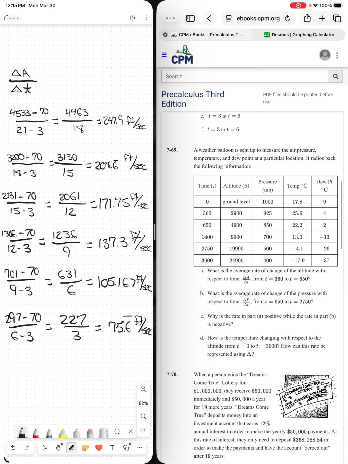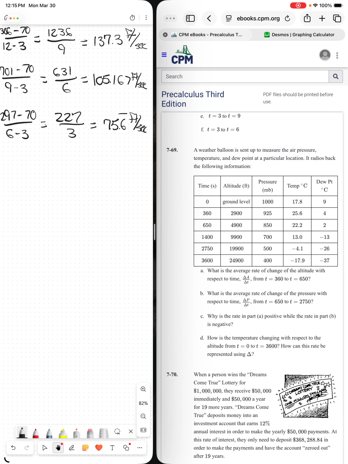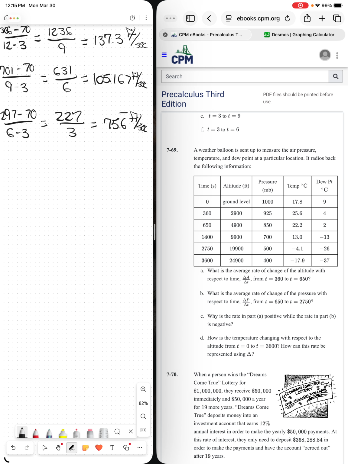So 69, we have a weather balloon. And so we have air pressure, dew point, and it's radio in this back. So we have time, the altitude of the balloon, the air pressure, the temperature in Celsius, and the dew point in Celsius. So what is the average rate of change of the altitude with respect to time? So we have here 650 minus 360, but we're dealing with altitude.